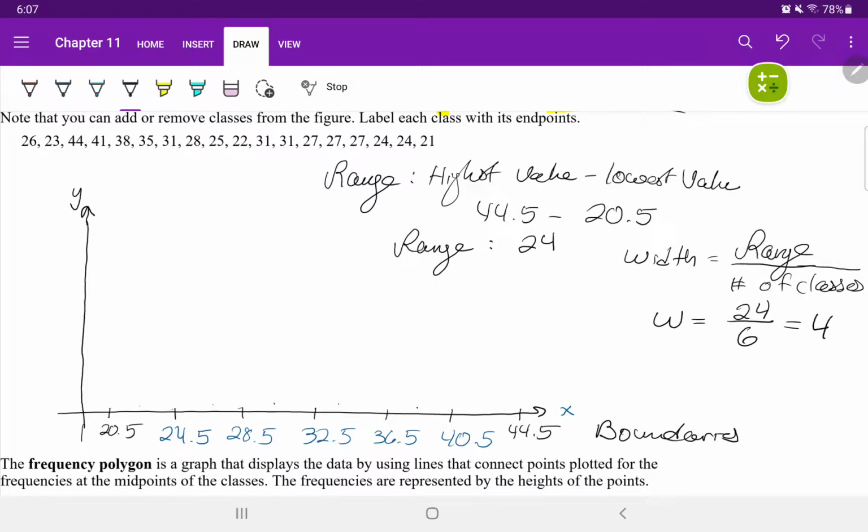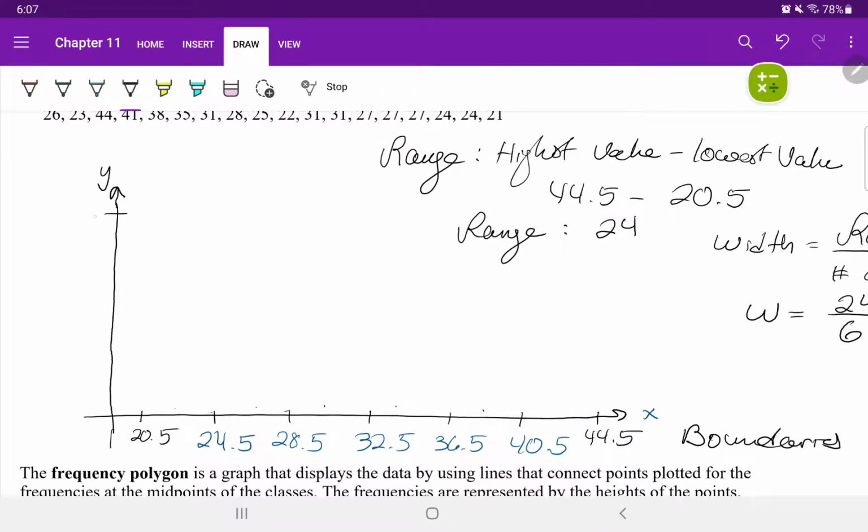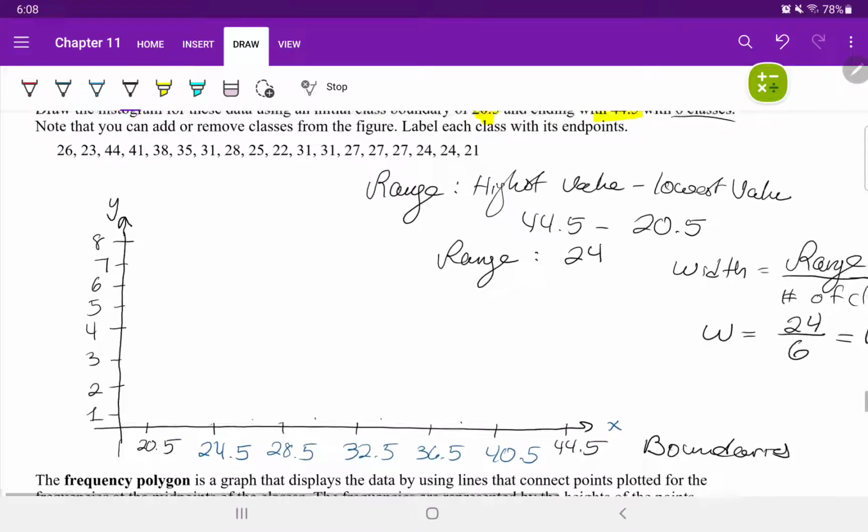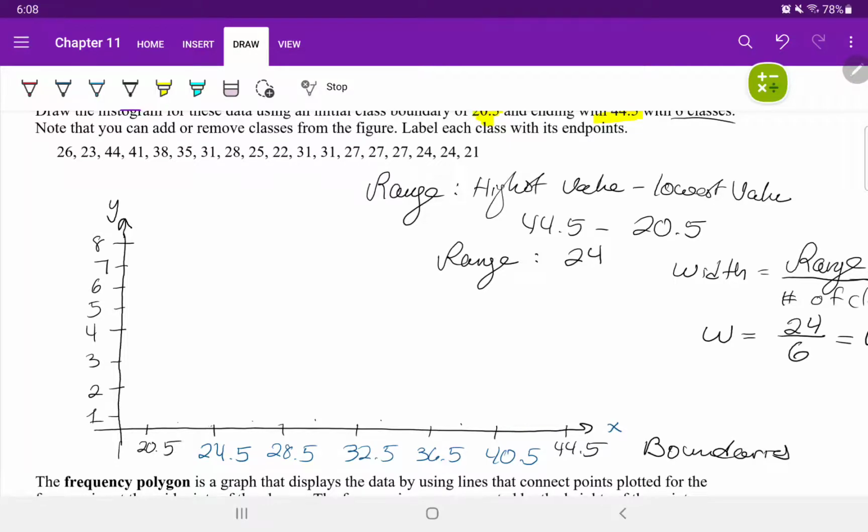Now, let's look at our data set, and let me draw my frequency. I'll put the highest here as 8. Let's see how many data values will be between 20.5 and 24.5.